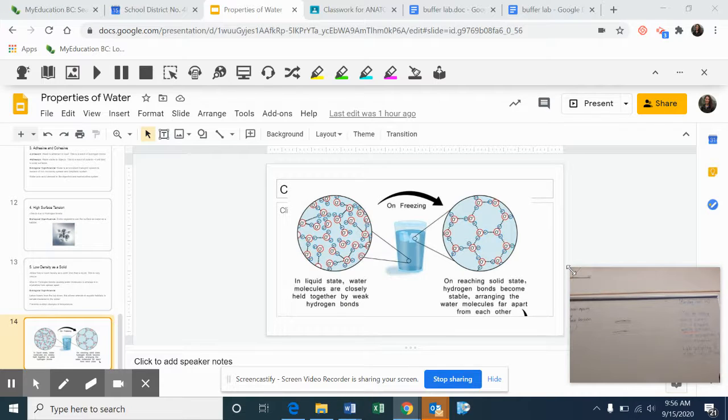Okay, the tap water one. For that one, we've got a stream of water, and you're creating a static charge on a rod by rubbing it.